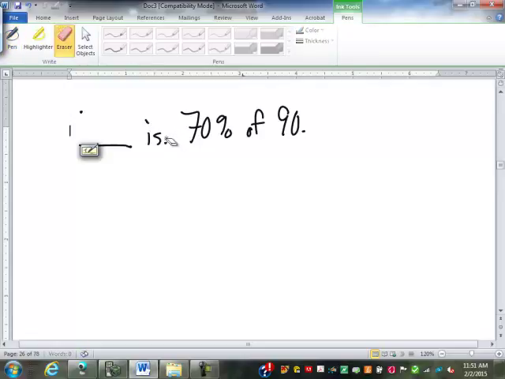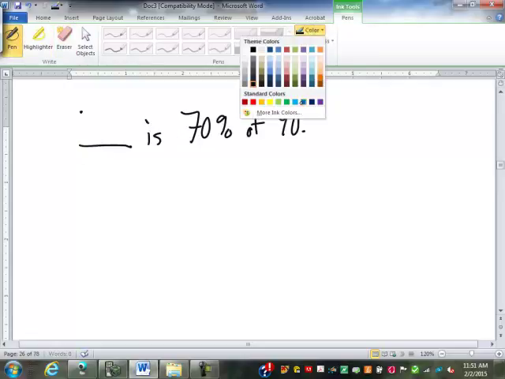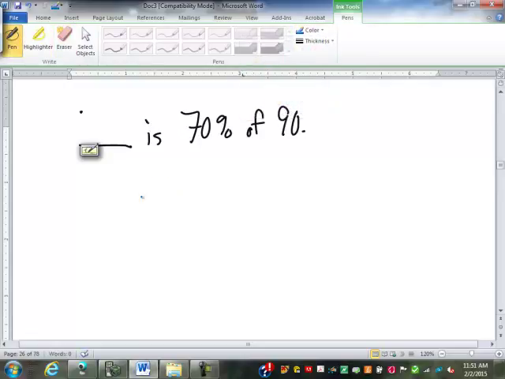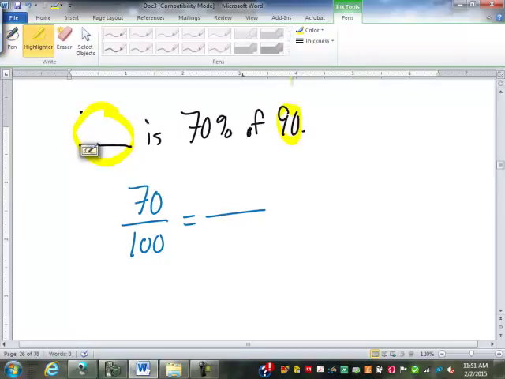When I'm dealing with these percent problems, I like to always start out with the percent. 70% is 70 out of 100. Now we have two other numbers here. We have the missing number here, the blank, and the 90. One of them has to match up with the 70. It has to represent the same thing as the 70. The other one has to represent the same thing as 100.